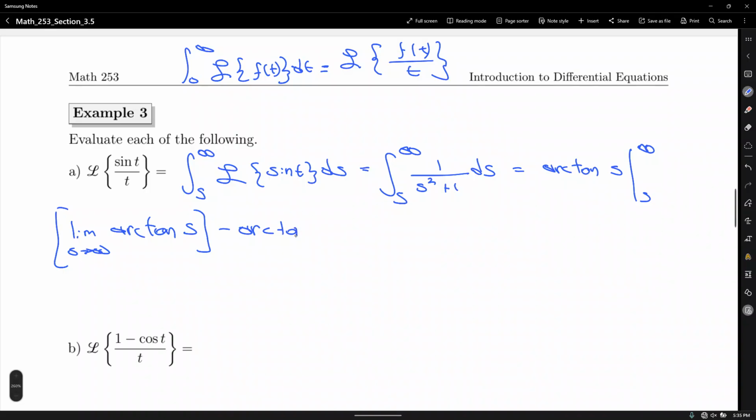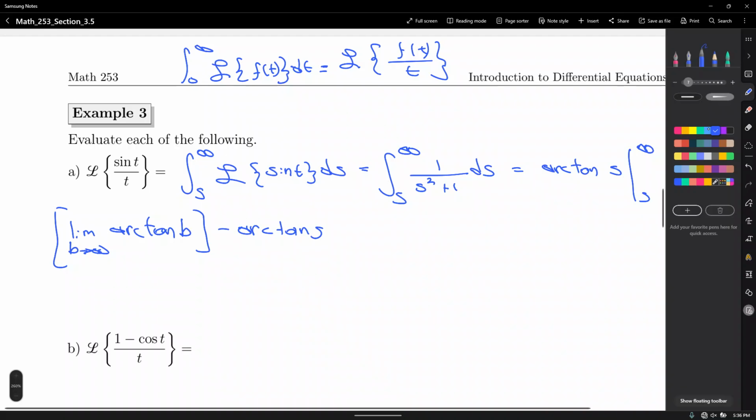Let me change this to a b, and that to a b, so you don't get confused with too many s's. Let's keep the usual thing we do in Calc 2 for improper integrals. Where is this limit going to go to?